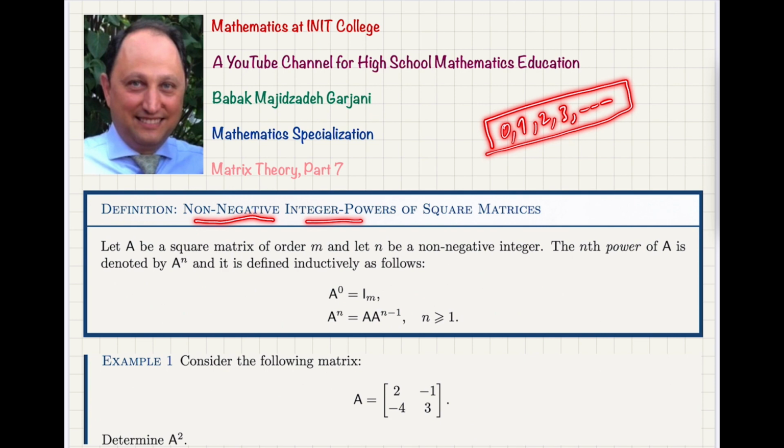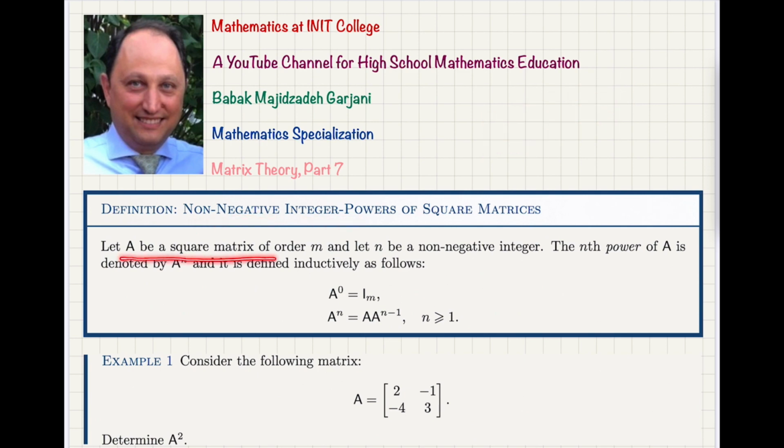I think you already know the definition. It's the most natural definition. Let A be a square matrix of order m, and let n be a non-negative integer. The nth power of A is denoted, as usual, by A to the n, and it is defined recursively as follows.